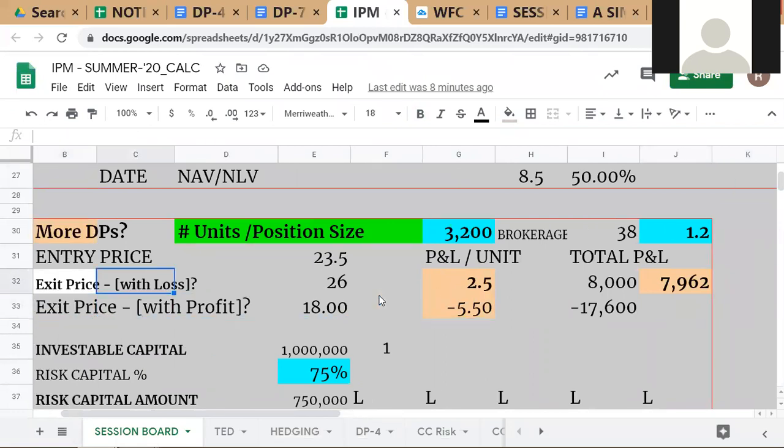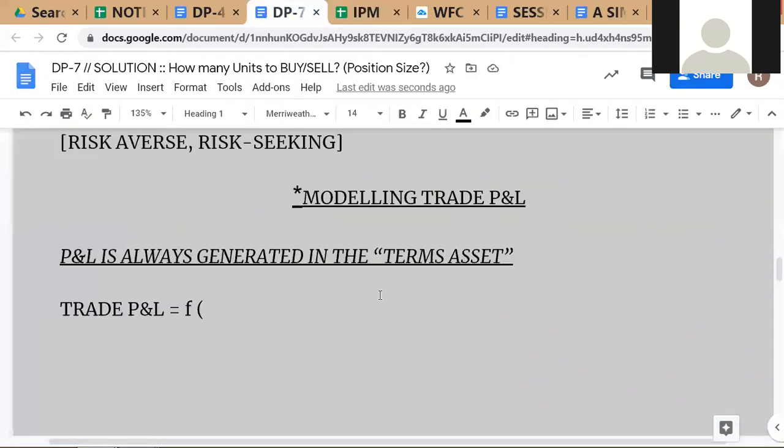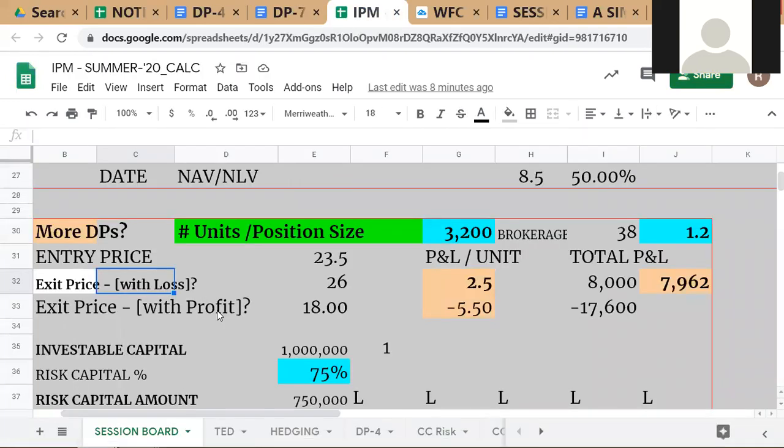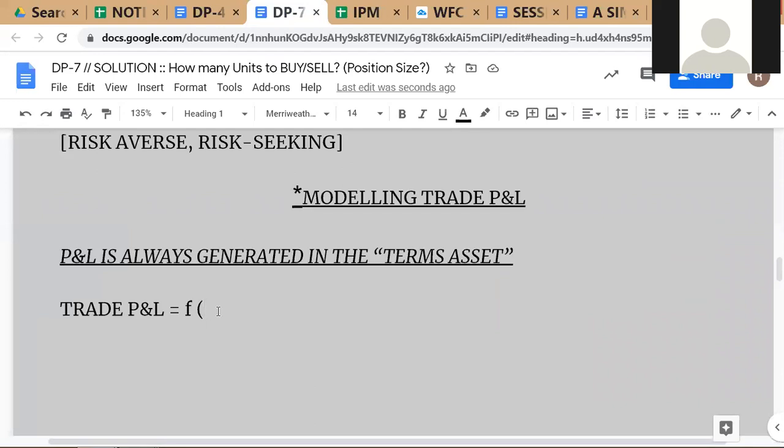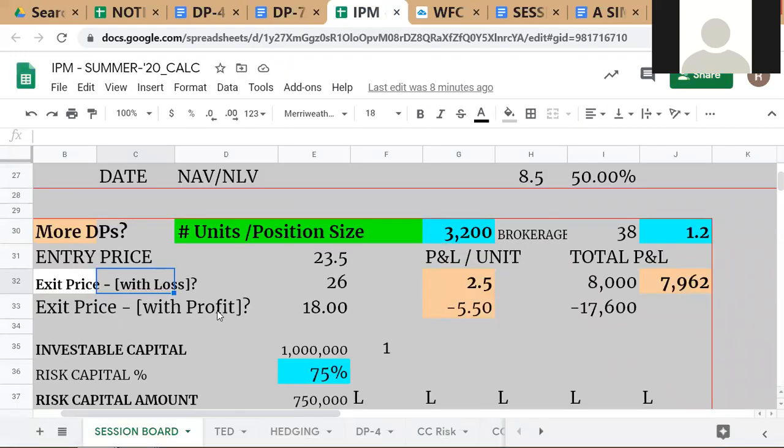So trade P&L will be a function of what? Trade P&L will be a function of which variables? I'm making it easy for you.